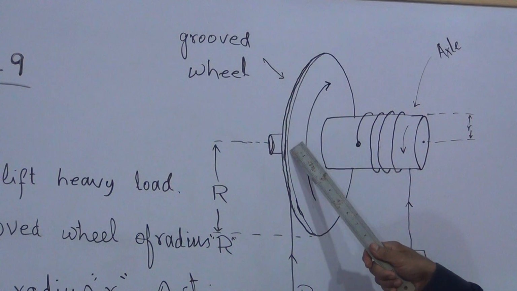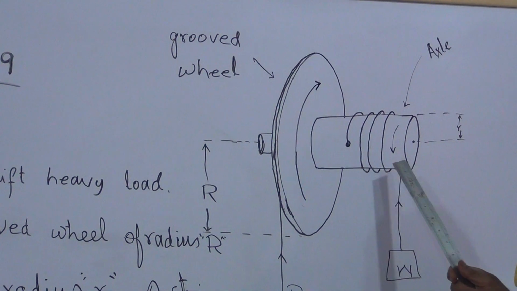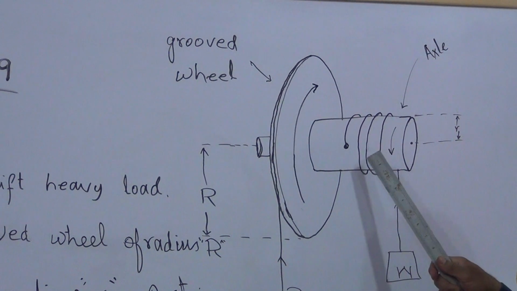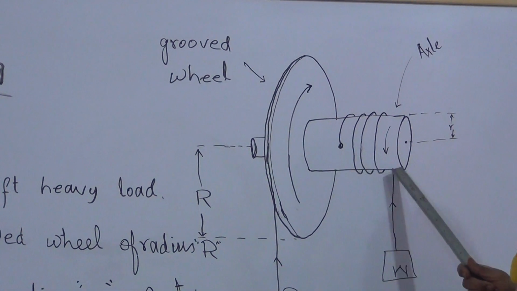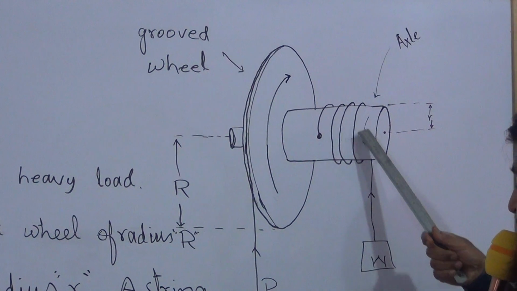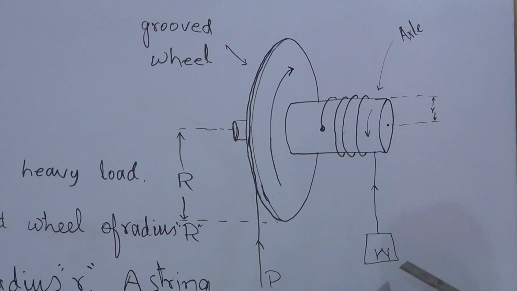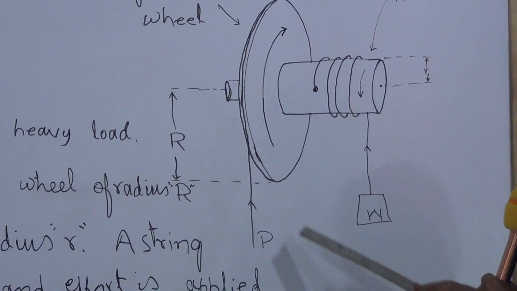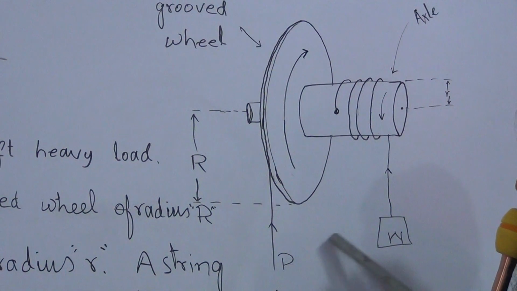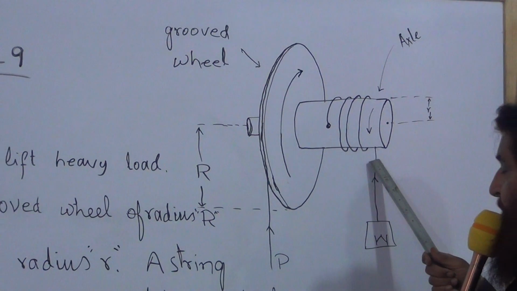When the wheel is rotated, the axle also rotates. So a rope is fixed on the axle and wrapped at one end. The load is tied. When we rotate the wheel, the load is lifted up.